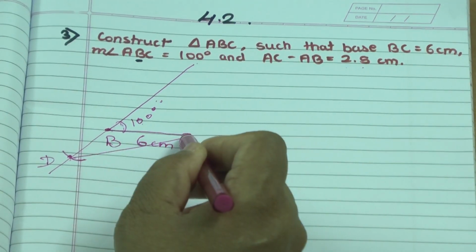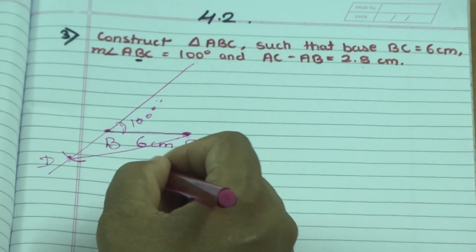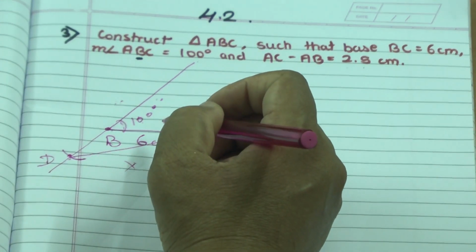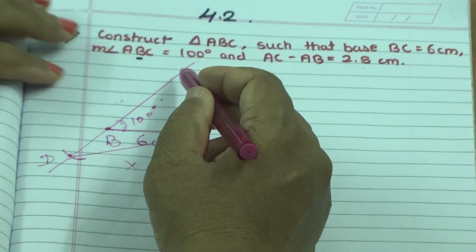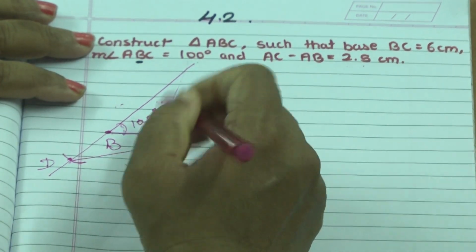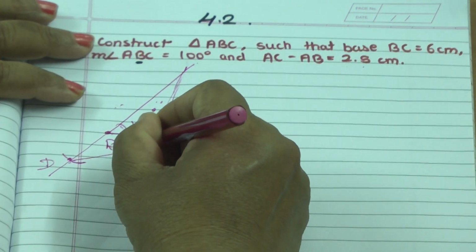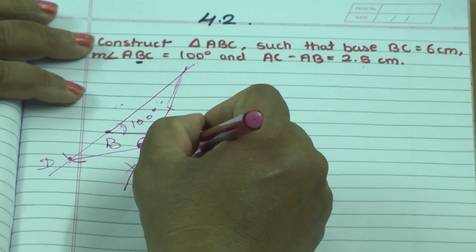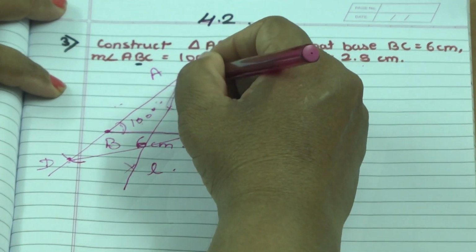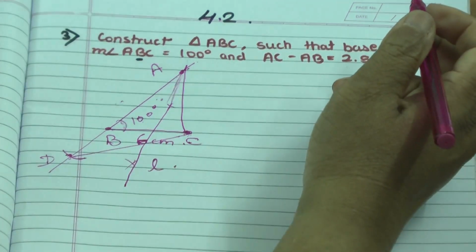We are supposed to now draw the perpendicular bisector of DC. And when we join them, the line which we will get will be line L, which will be the perpendicular bisector of DC, and here we will be getting the point A, and we will get AD equal to AC.